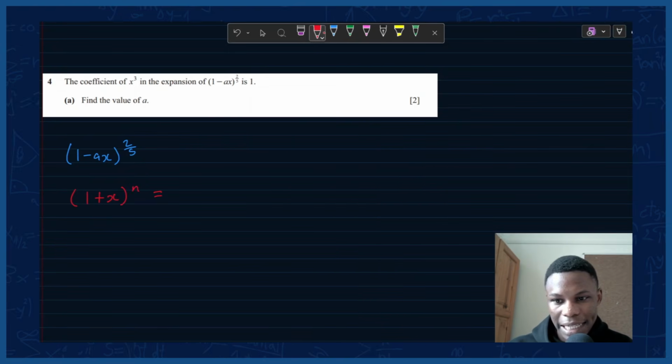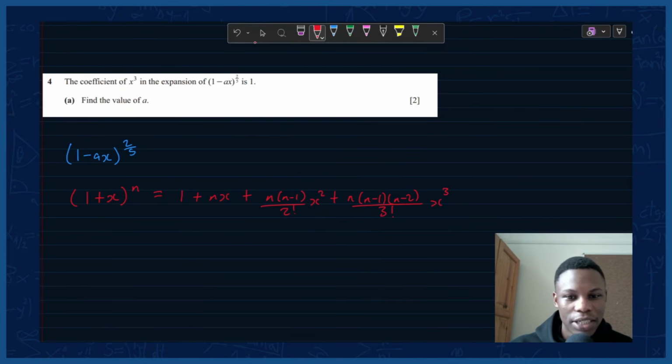And it says 1 plus x to the n becomes 1 plus nx plus n times n minus 1 over 2 factorial x squared plus n times n minus 1 times n minus 2 over 3 factorial x cubed.